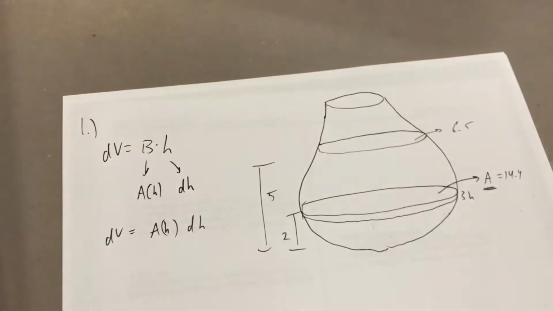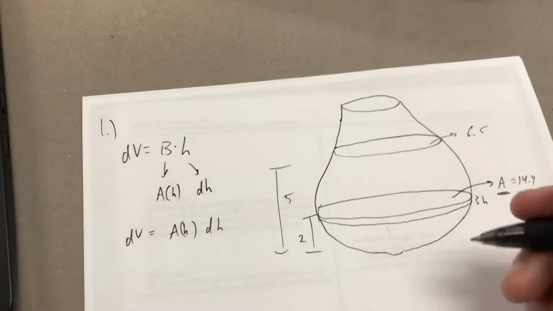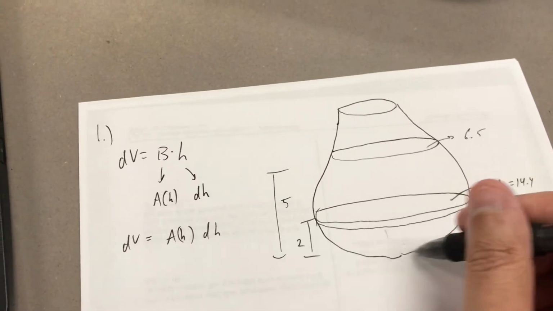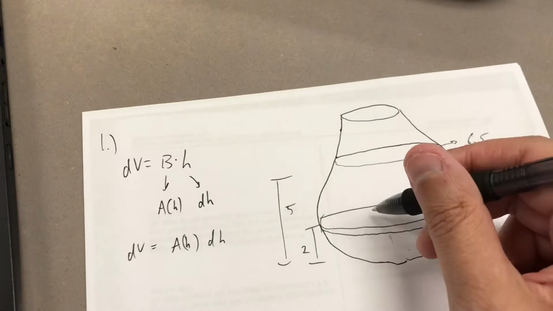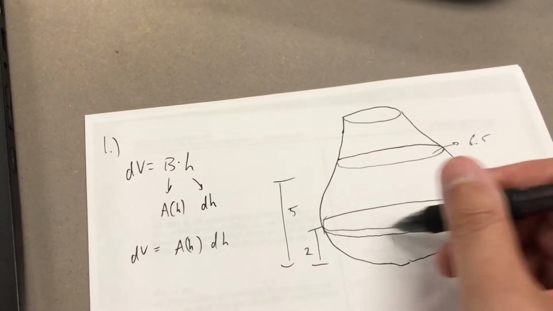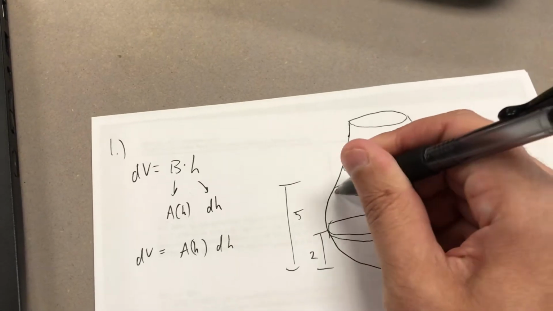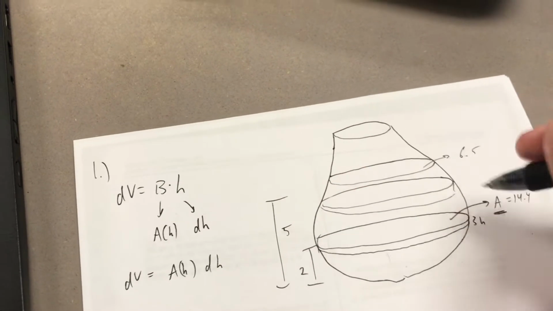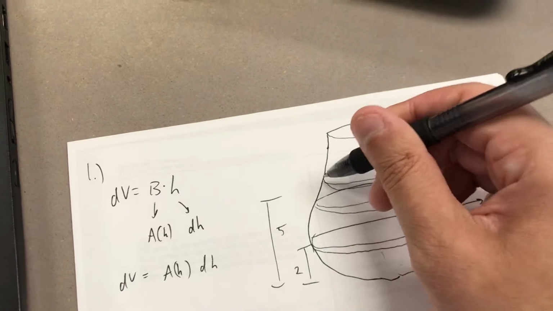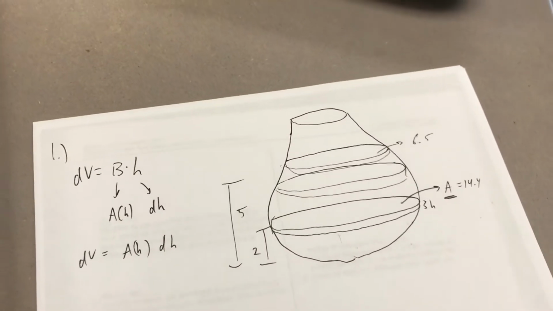And remember, you just take the integral of these from the lowest point to the upper point. And what that integral is going to do, it's going to find the volume of this little slice. And it's going to find the volume of the little slice that's here. And it's going to find the volume of the slice that's here. And it's just going to add these up all the way to the top.